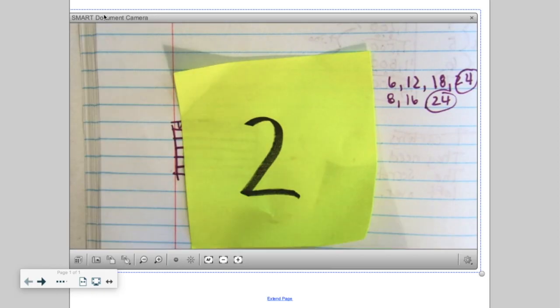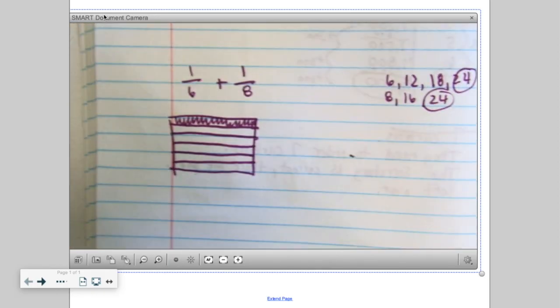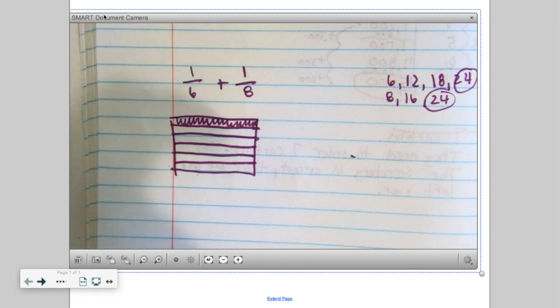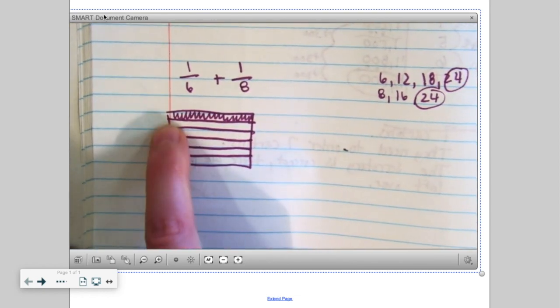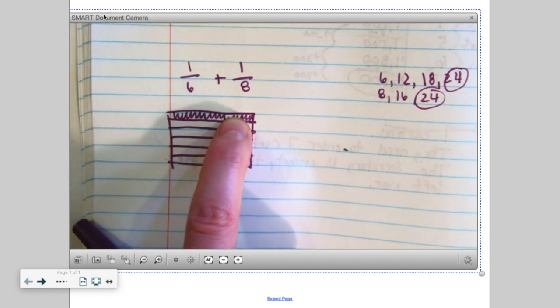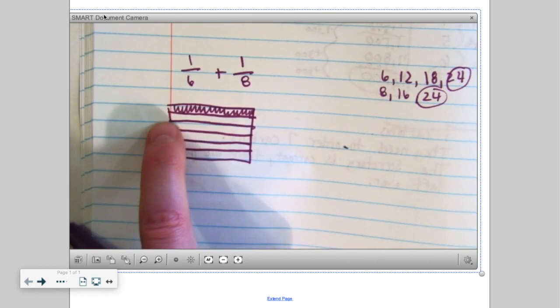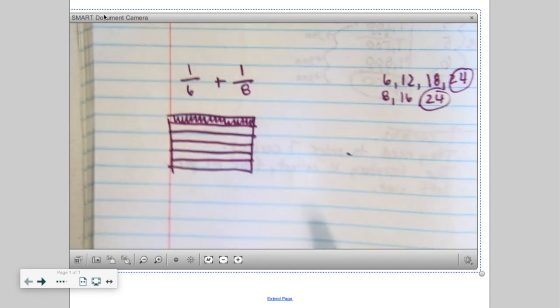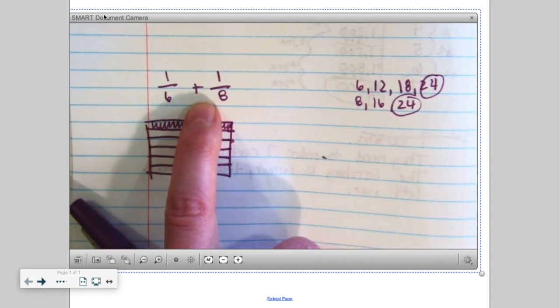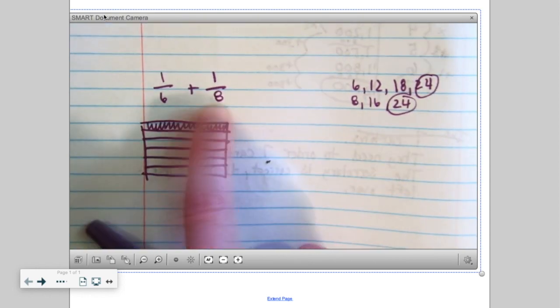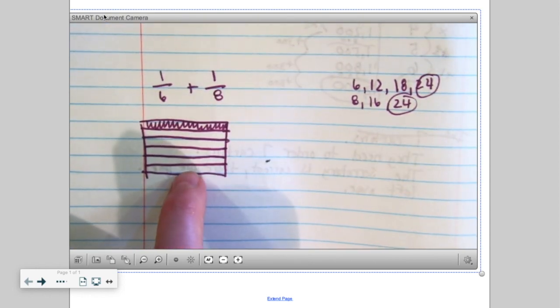Okay, moving on to number 2. My task was to add 1/6 and 1/8. So when I drew a model, I drew a whole and cut it into 6 pieces, and then I colored in what represented 1/6. I know I can't add these two fractions because they have different denominators. They're cut into different pieces.